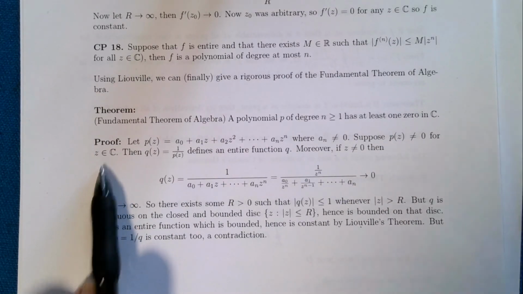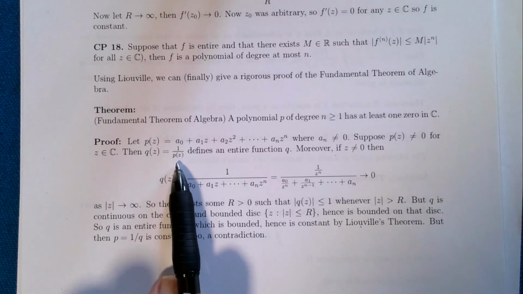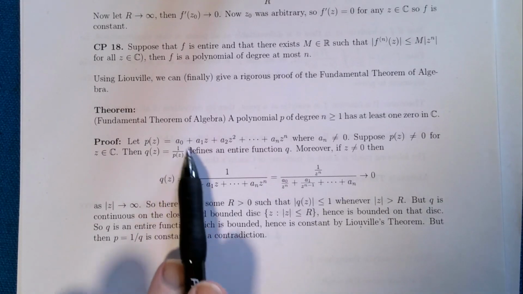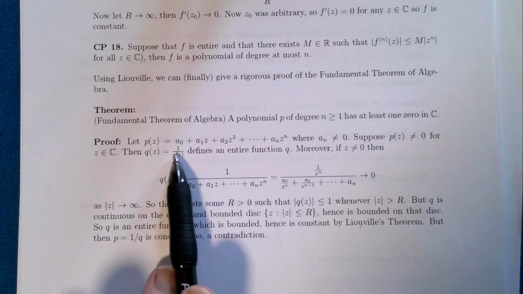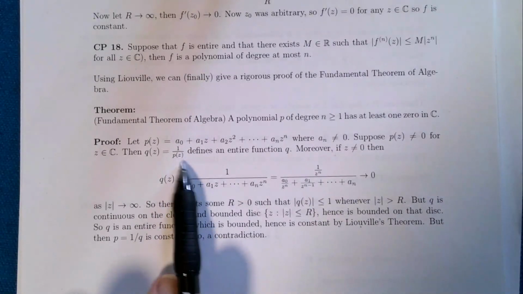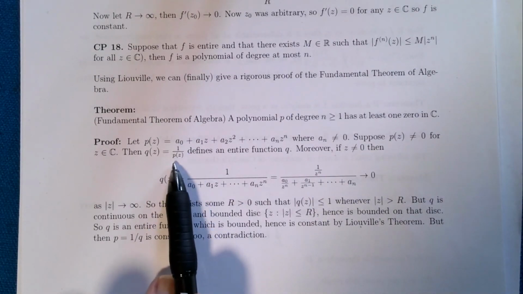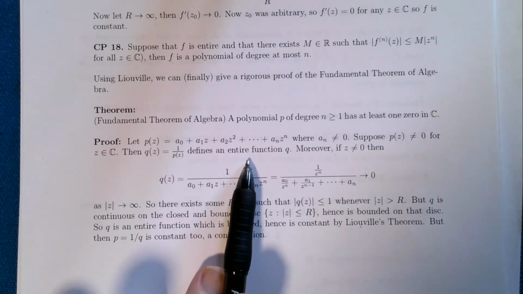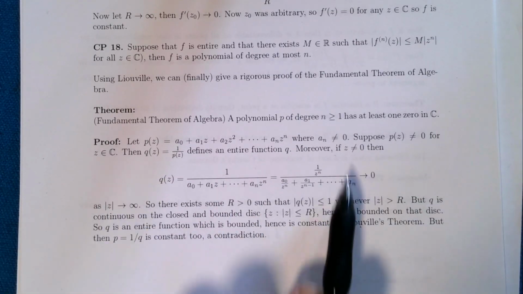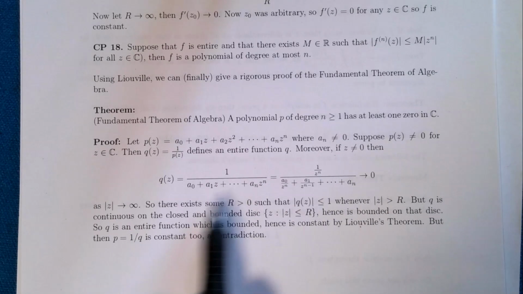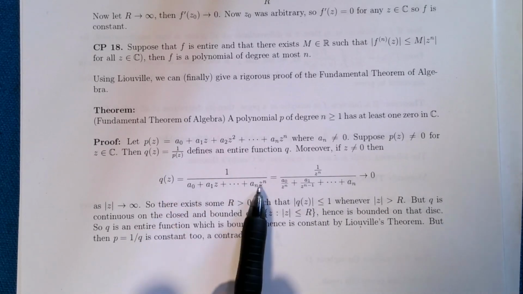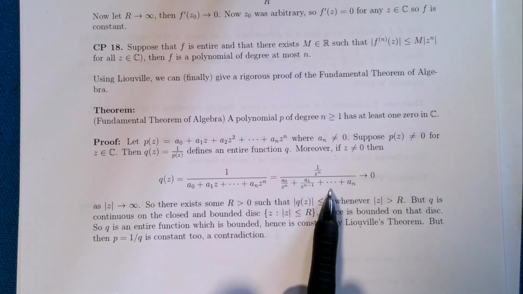We're going to define q(z) to be 1 over that, and that's going to be an entire function, because this p(z) has no zeros. So the denominator is never 0, so this is going to define an entire function, analytic everywhere. Now, if z is not 0, then this q(z), we just write down what it was, and I'm going to divide top and bottom by z to the n, which gives me this expression.